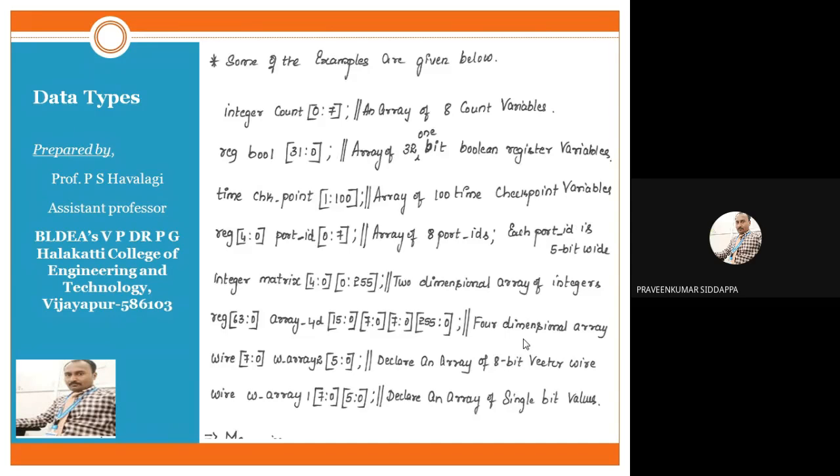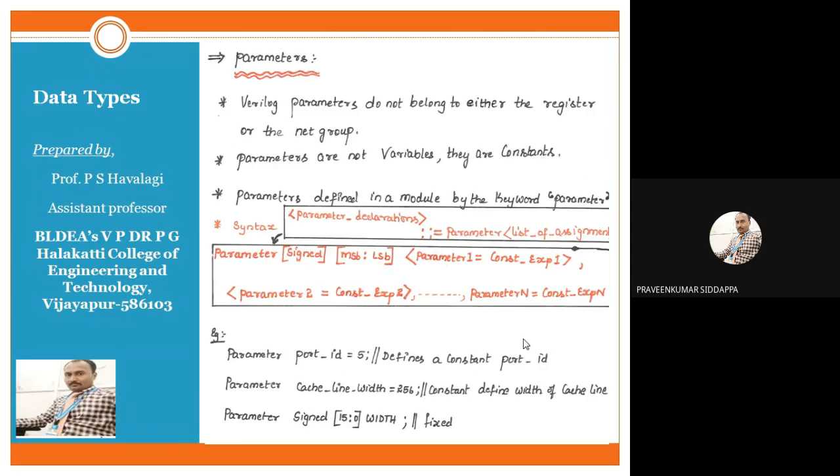Next we will move to parameters. When we need to write a parameter in your code, a parameter is also a data type. Verilog parameters do not belong to either the register or the net group. Remember, a parameter is not in the register group or the net group.